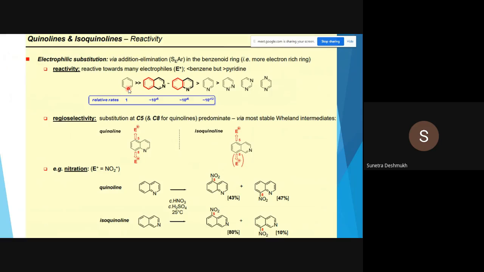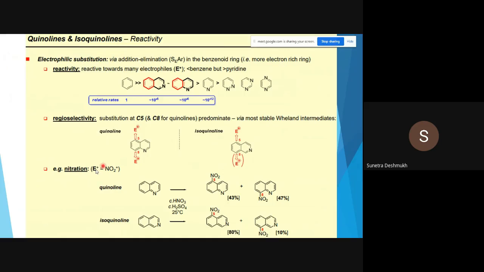This is the standard rate for benzene, so if the benzene relative rate is 1, then for electrophilic substitution in quinoline the rate is 10 raised to minus 6, far lower than 1. So it is less reactive than benzene, but more reactive than the pyridine ring. Regioselectivity we have seen: substitution at C5 and C8 predominates via more stable Wheland intermediates. So C5 and C8 are more important.